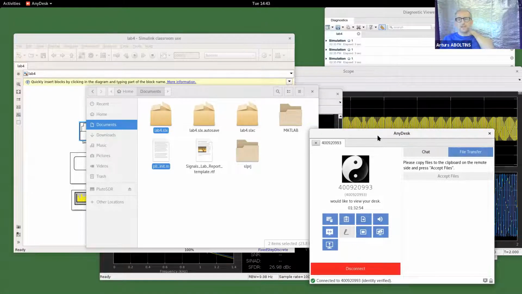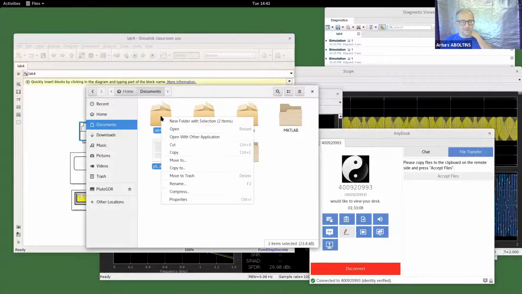Because we tried two people connecting to the same desktop and it didn't work. Okay, but how to transfer files? Still a mystery.